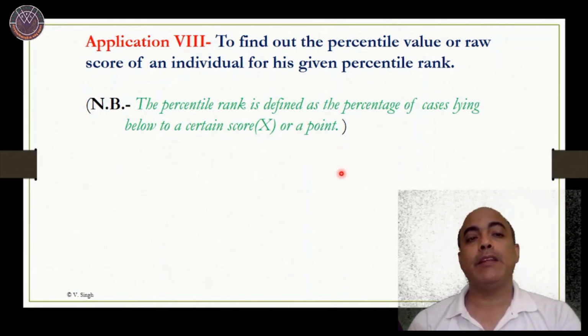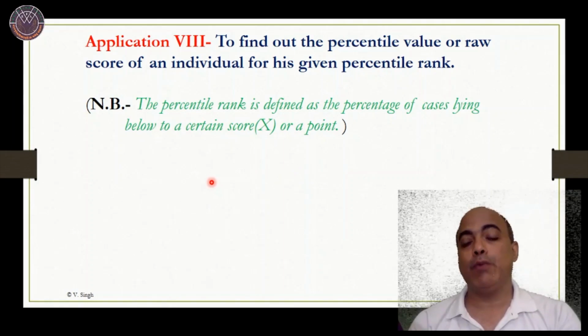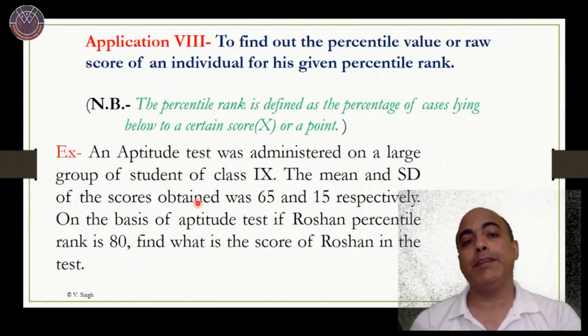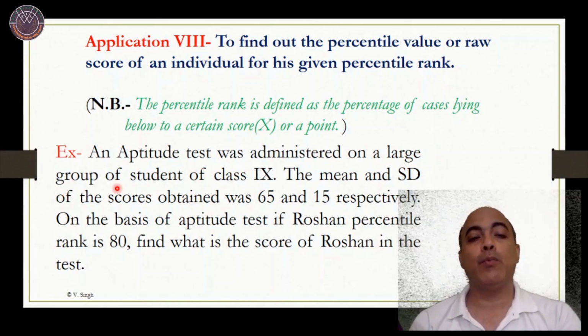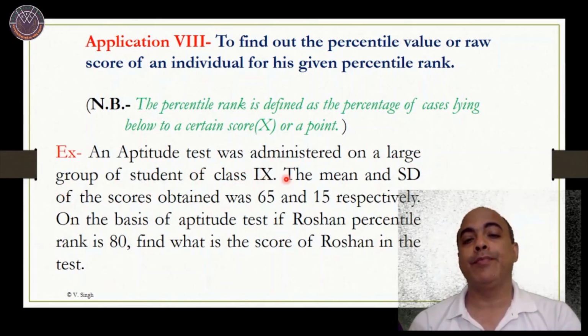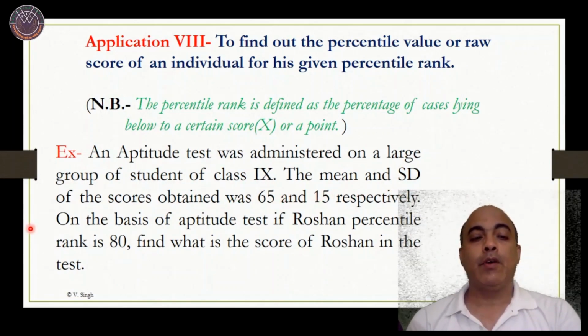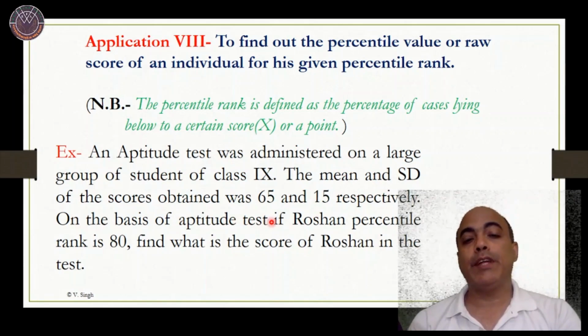To understand this application, let us take one problem. An aptitude test was administered on a large group of students of class 9. The mean and SD of the scores obtained were 65 and 15 respectively. On the basis of the aptitude test, if Rosen's percentile rank is 80, find the score of Rosen in the test.